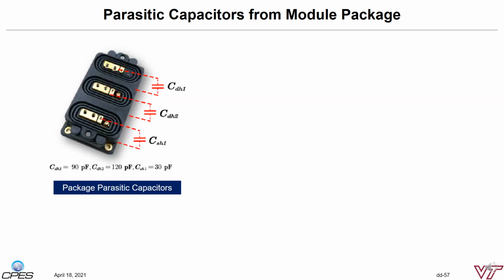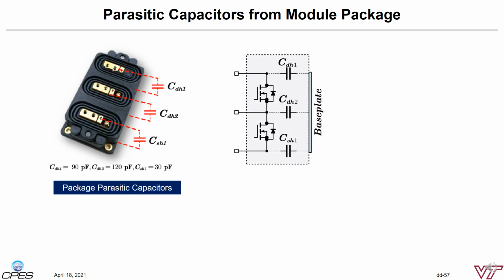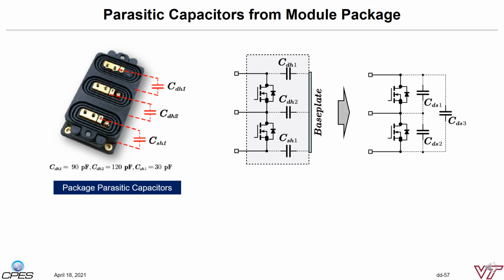Now, let's take a look at the 10 kV silicon carbide MOSFET module as an example. As discussed before, each terminal to the common base plate has a parasitic capacitor. Therefore, we can create a simplified circuit model with 3 capacitors in it. By performing a delta-Y impedance transformation, we can create a new circuit model.